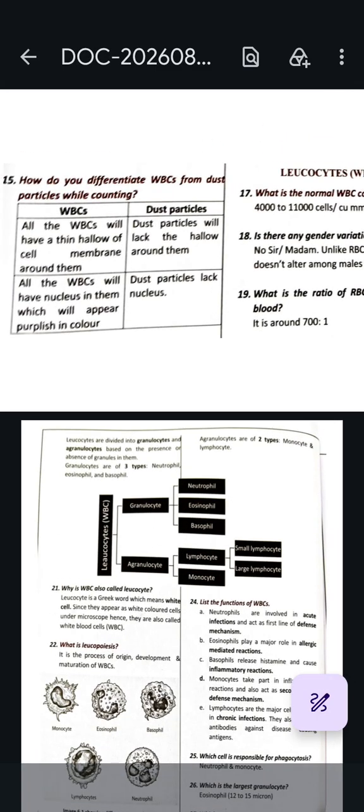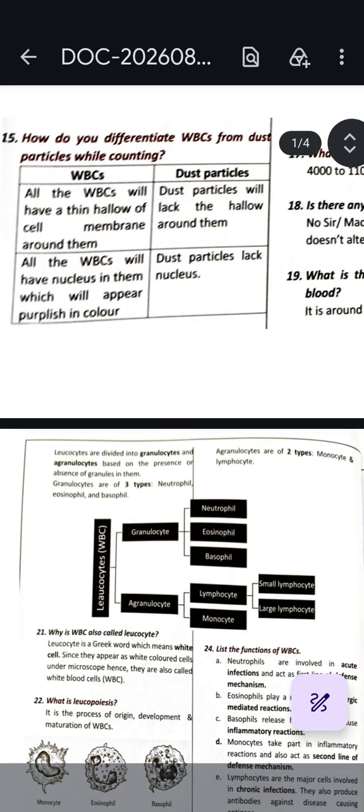So once again, I'm back with the WBC musts. First of all, whenever we prepare a WBC stain or DLC stain or be it anything, how are you actually going to differentiate them from dust particles? All the WBCs will have a thin halo of cell membrane around them, and dust particles will lack the halo around them.